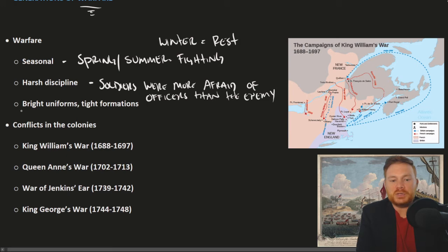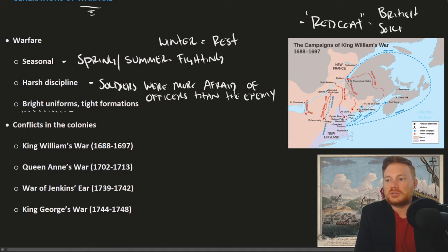And generally speaking, armies wore very bright uniforms. In the case of the British, they wore red. So we use this term redcoat to describe a British soldier, a soldier fighting for Great Britain.